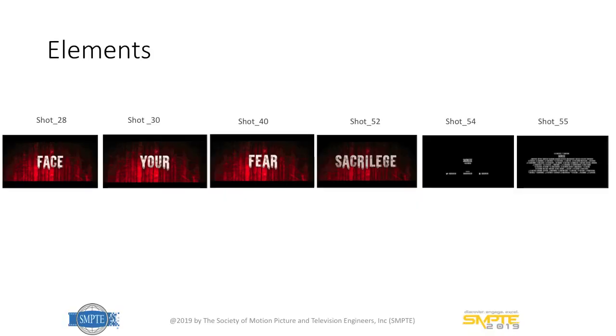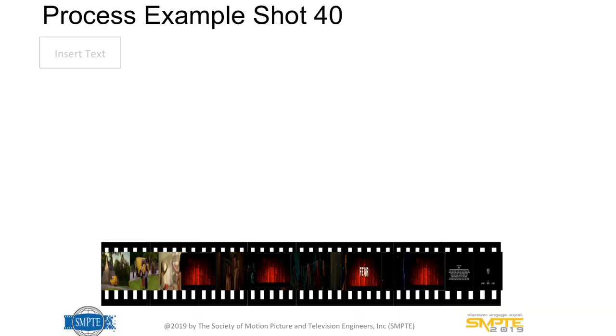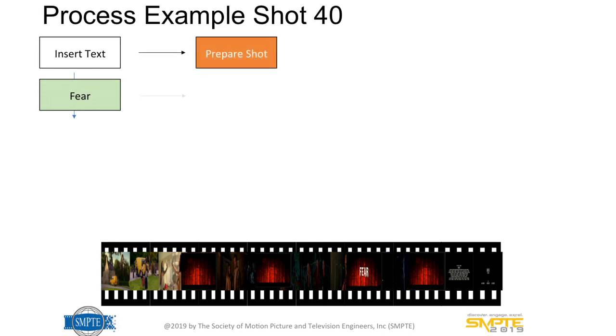However, we are placing a shot, and we focus on shot 40 on the automated form, so fear. If we take these elements and try to recreate that on the textless version, the process in theory is: you tap fear, then you prepare your shots with the already graded content, then you bake in the effect, then apply the CDL and the colors, and then you can put this on the timeline.